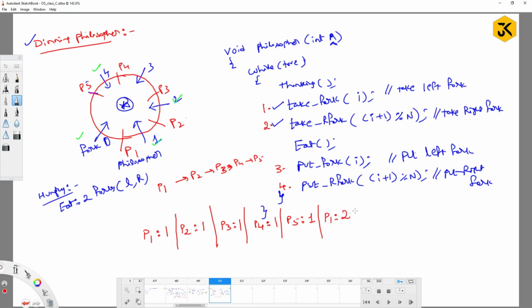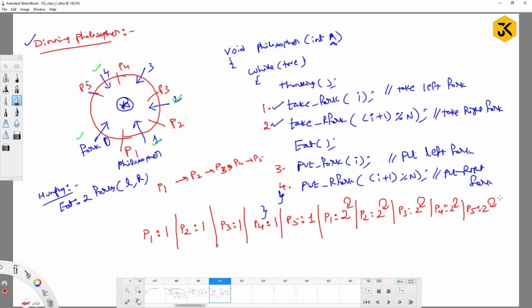If it executes line number 2, what will happen? Is it allowable? Is the right side fork available? No. It is going to wait inside. After a certain time, again this will exit and give a chance to someone. Line number 2 for P2, line number 2 for P3, P4 line number 2 and P5 line number 2, like that.